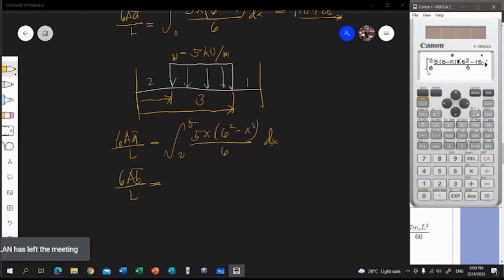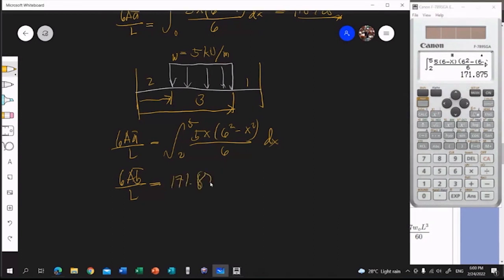Same, 2 to 5. The answer is 171.875. That is your 6AB bar.